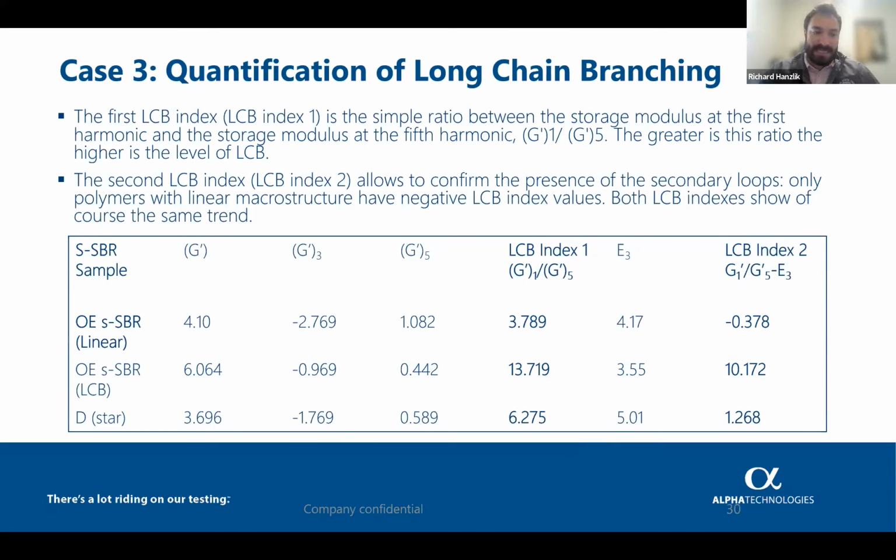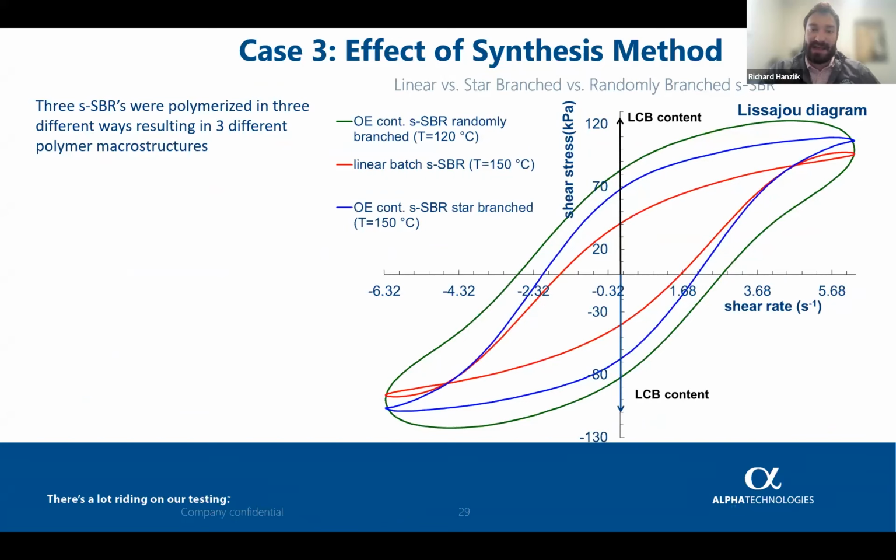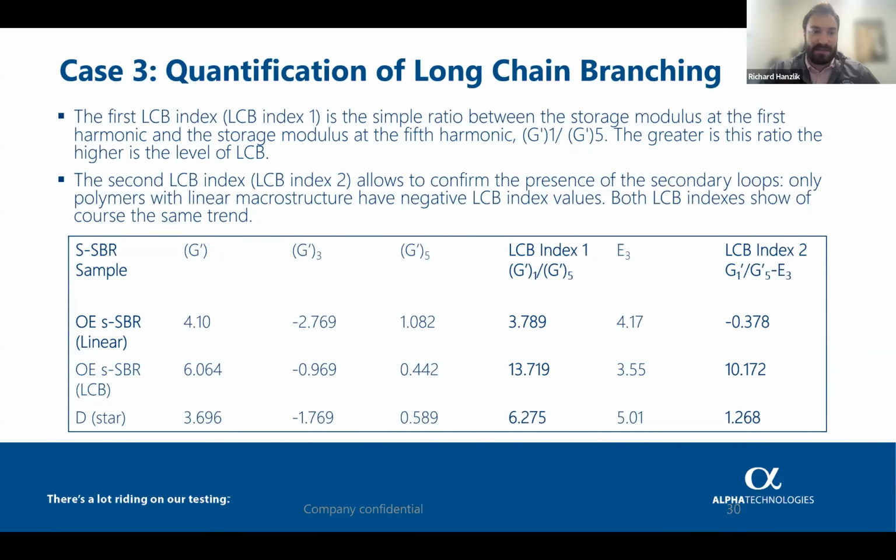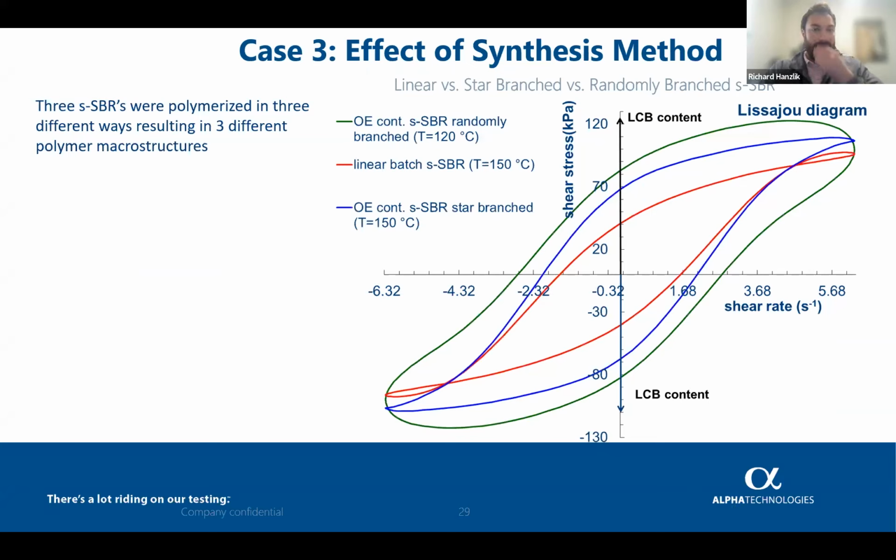We've got the OE SSBR with an LCB index of 10.1 or 10.2-ish. So pretty high. That is the randomly branched OE SSBR, so that has a very wide center line. This is giving us a very large LCB.